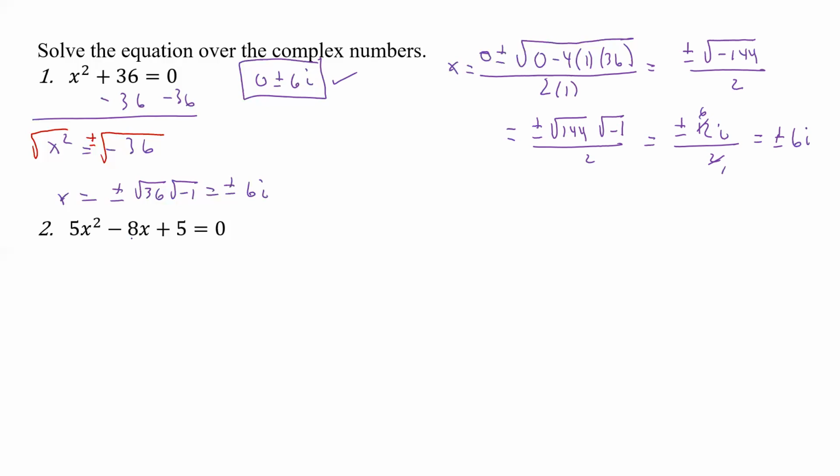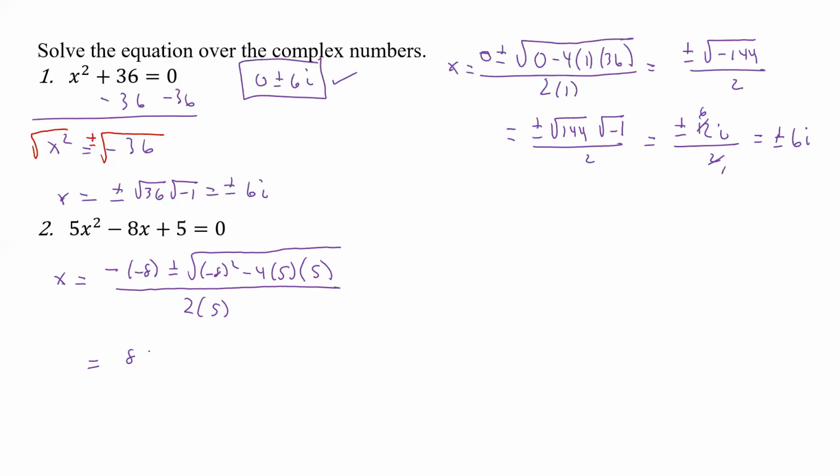Now, the second one, we have to do the quadratic formula there because I can't factor it. I can't do anything with it. So we just plug it in and see what we get. So we have minus negative 8, plus or minus, excuse me, the square root of negative 8 squared minus 4 times 5 times c, which is 5, over 2 times 5.